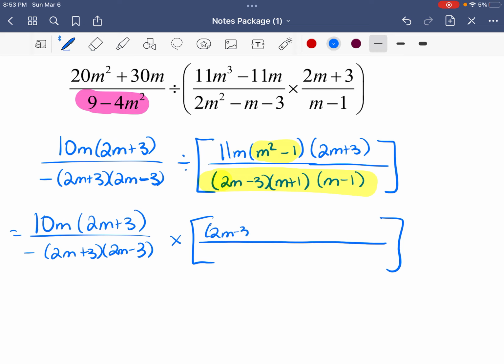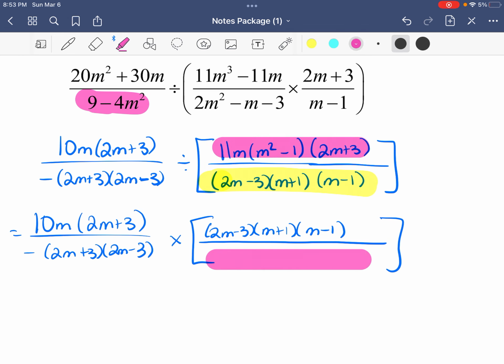So 2m minus 3, m plus 1, m minus 1. Okay, and then, carefully I can erase that highlighting. There we go. This entire, let's do a different color, this entire part is going to become your new denominator.